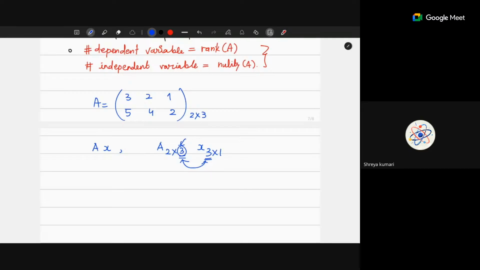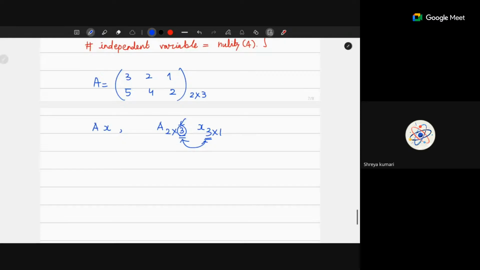So we can write that the number of dependent variables plus the number of independent variables is equal to the total number of variables.